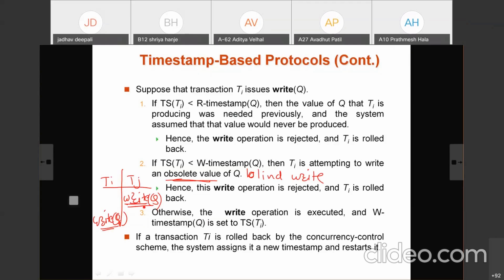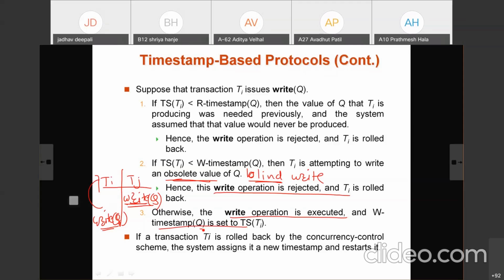We call this an absolute write or a blind write. In that case, the write operation is rejected and the transaction is rolled back.